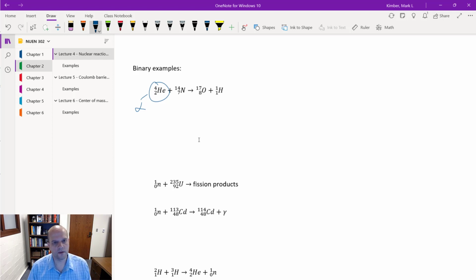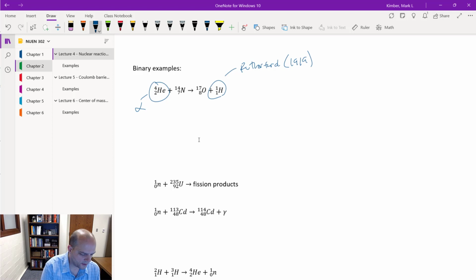This was one of the earliest, or the first, transmutation demonstrations, taking nitrogen-14 to oxygen-17. This was done by Rutherford in 1919. And this over here on this side is hydrogen-1, or just a proton.